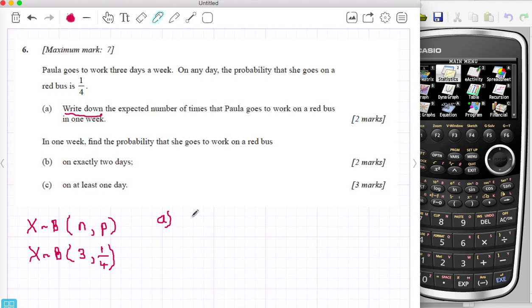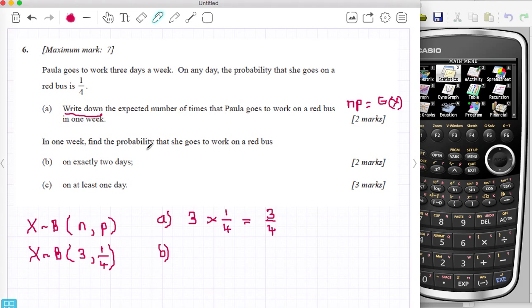So all I do is say that that's 3 times a quarter. You do NP to find the expected value. So NP is the expected value every time. Done.